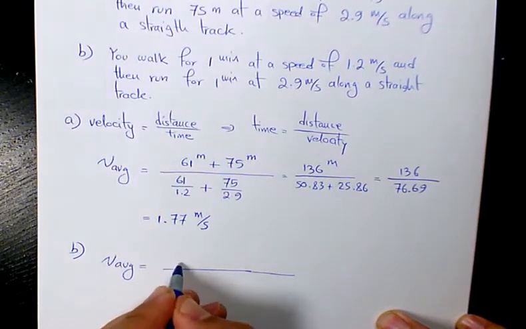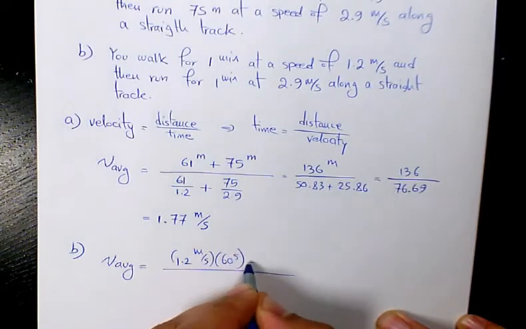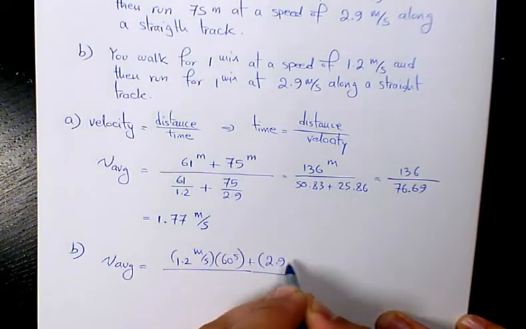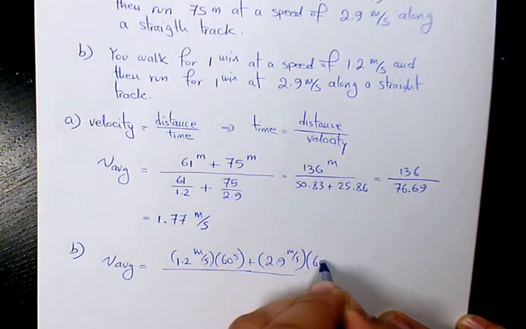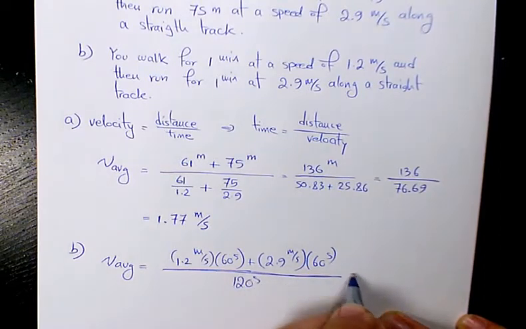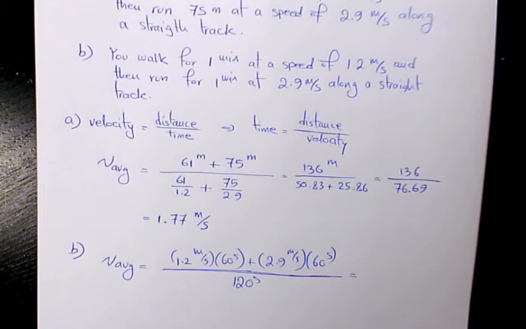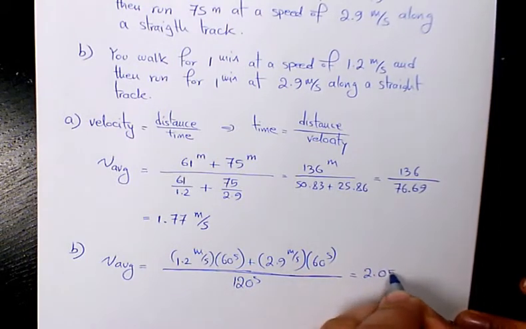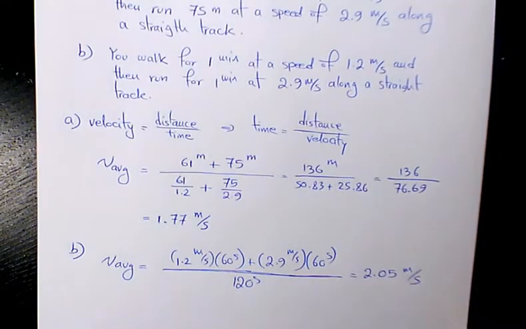So I'm going to say 1.2 meters per second times 60 seconds plus 2.9 meters per second times 60 seconds divided by total time, which is 2 minutes or 120 seconds. So 1.2 times 60 plus 2.9 times 60 divided by 120 is going to be 2.05 meters per second. So the velocity of the second case is going to be 2.05 meters per second.